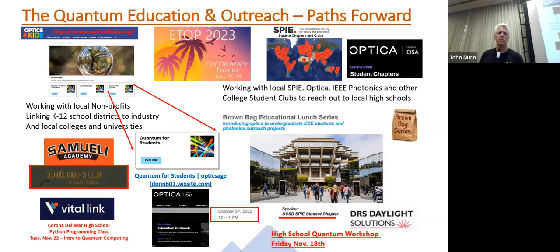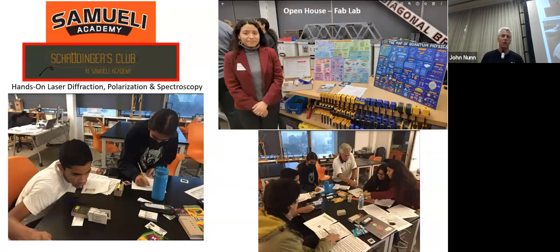And next May is Education and Training in Optics and Photonics 2023 in Cocoa Beach, Florida. So I hope to be there, and maybe there'll be a lot of educators there, and I'll hopefully be teaching or talking to them about quantum for high school students.